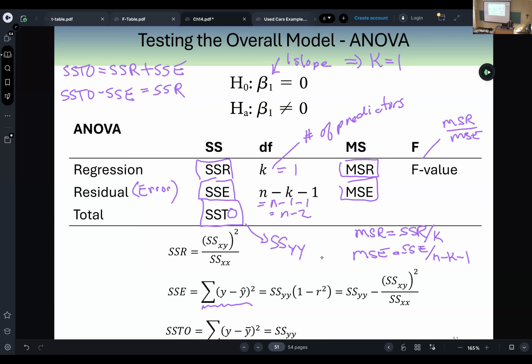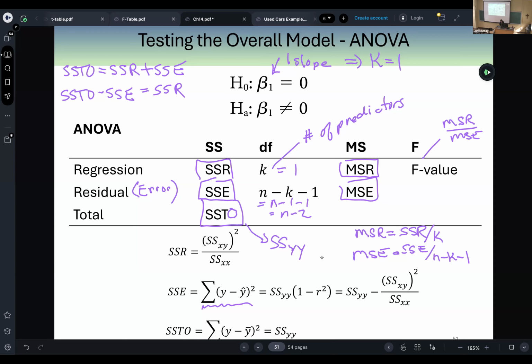And if our F value is larger than the critical value, we have a good model. This is a way to test the model fully. So if you have more than one predictor, which we will in the next chapter, we will be able to do this global test to see if all of those predictors are significant all at once. Okay.